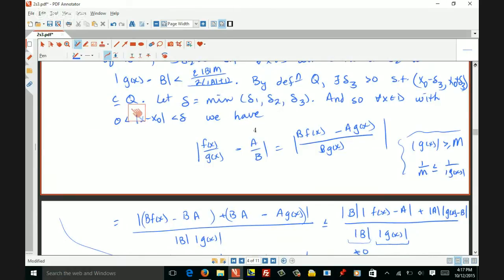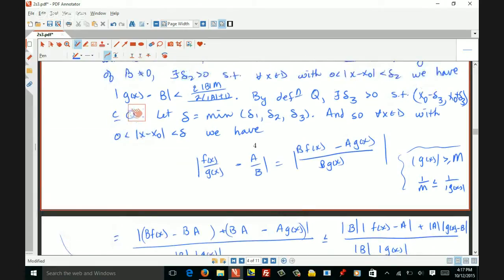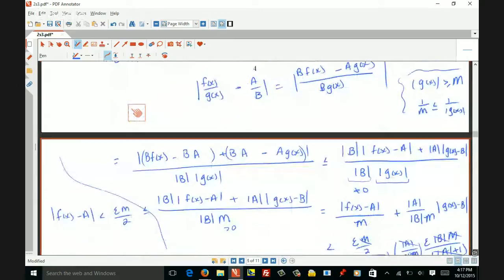So that gets us what we need right there. And then we can go down and what is our conclusion then?